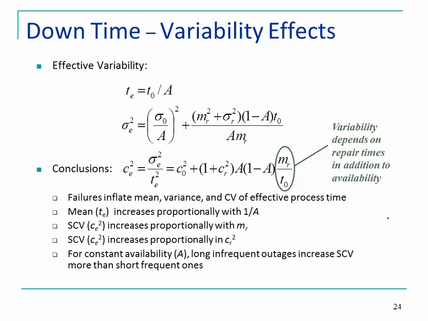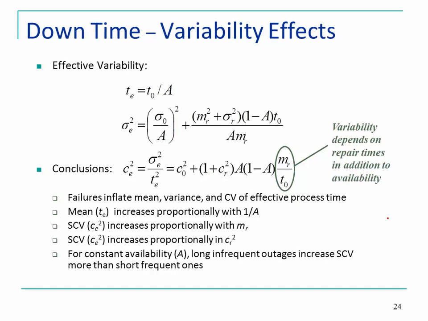The standard coefficient of variation increases proportionally with the mean time to repair. It also increases proportionally to the coefficient of variation of the repair squared. And for constant availability, long infrequent outages increase the standard coefficient of variation more than short frequent ones.